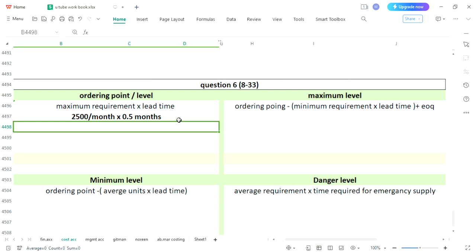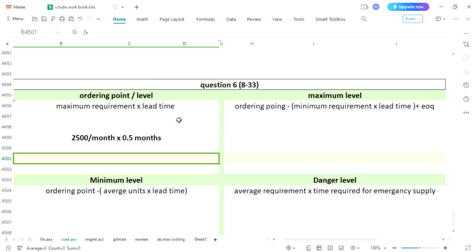We can write its calculation, and over here what we'll be doing, 2500 multiplied by 0.5. So we have got our answer, 1250, answer of ordering level.